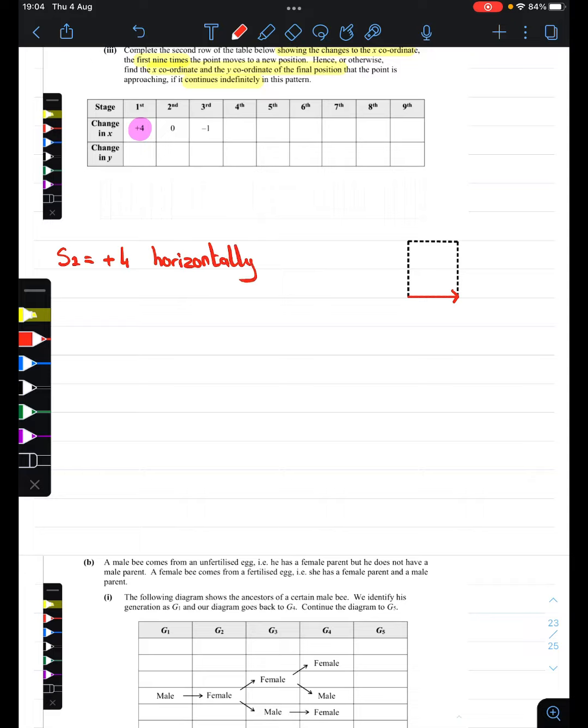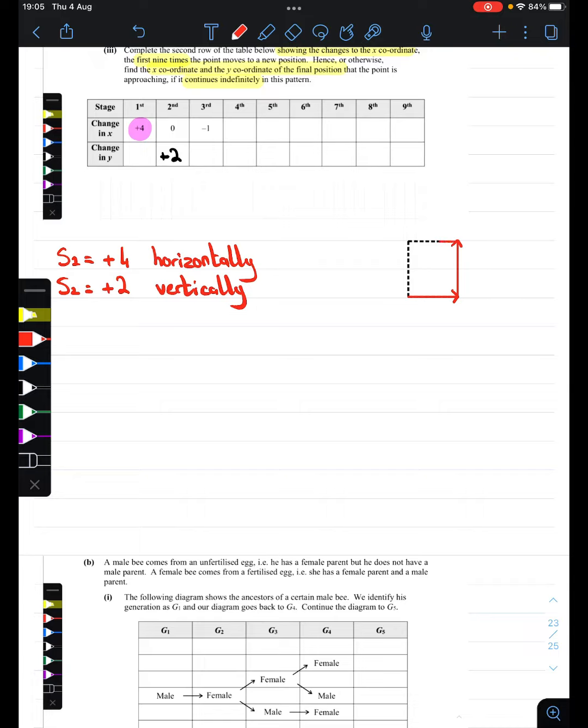Then he turns left and goes half that distance. Now this square is not capturing the size of the distance, just the direction. So he travels half this distance, plus 2 vertically because he's traveling upwards. So let's fill that in. Plus 2. Okay.